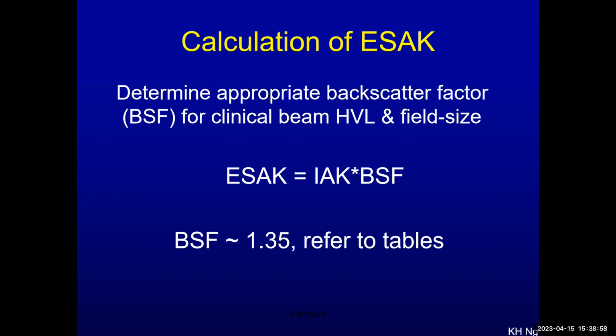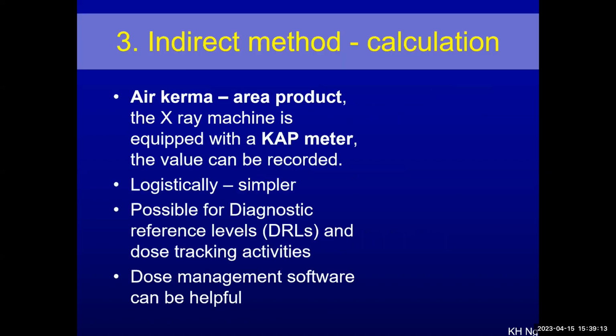So the incident air kerma multiplied by the backscatter factor will give you the ESAK, the entrance surface air kerma. Right? It is not exact, but in diagnostic the uncertainty for different parts is so large, we just want to have an idea what kind of entrance surface air kerma for this modality, for this room, for this type of examination.